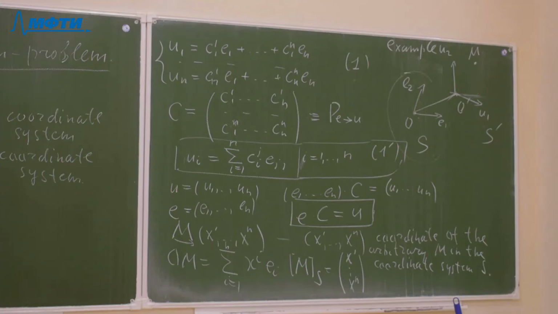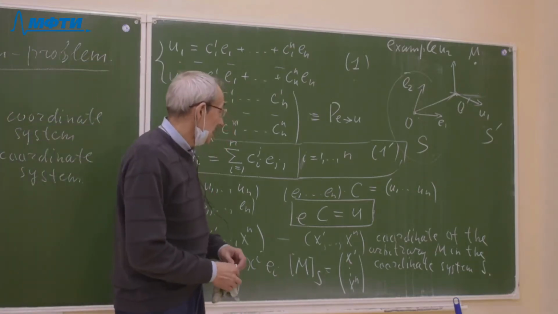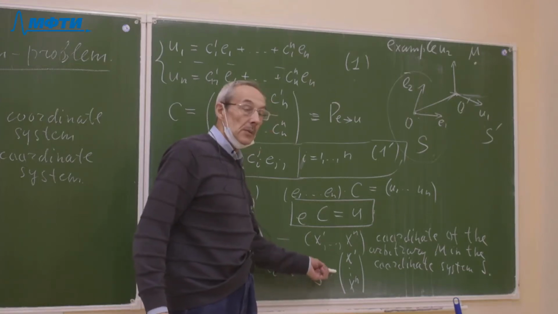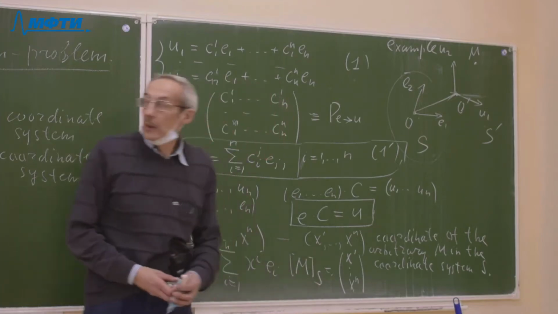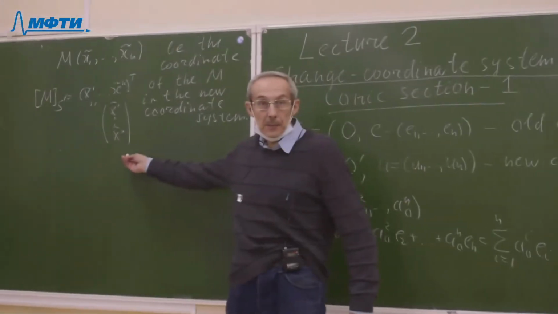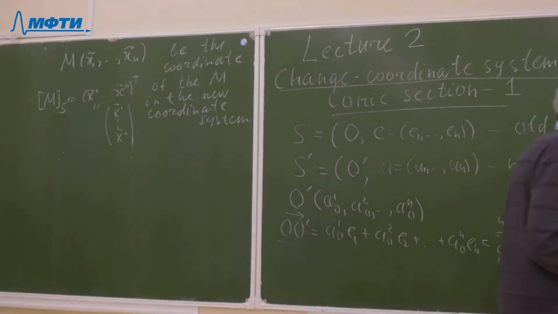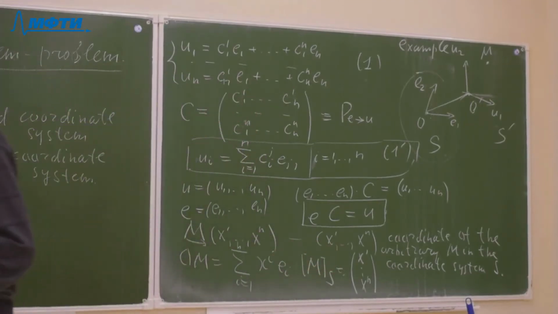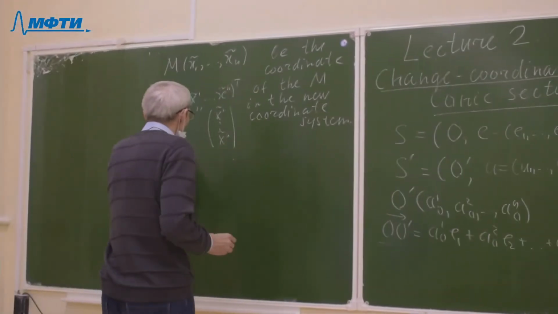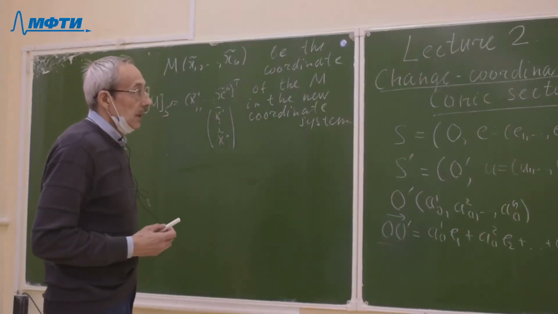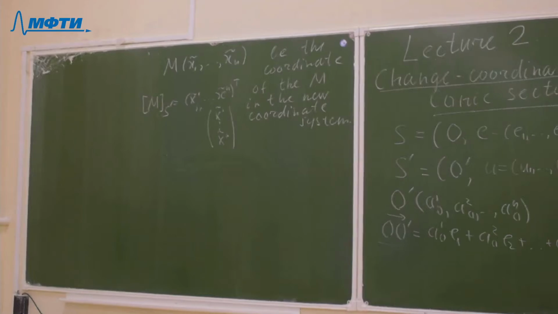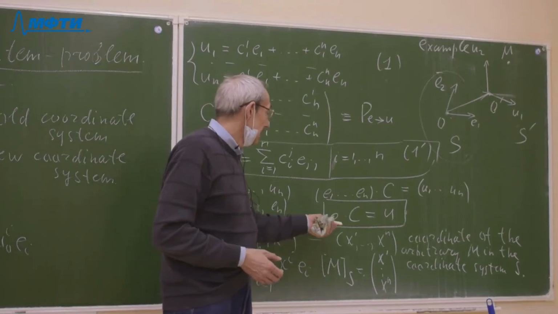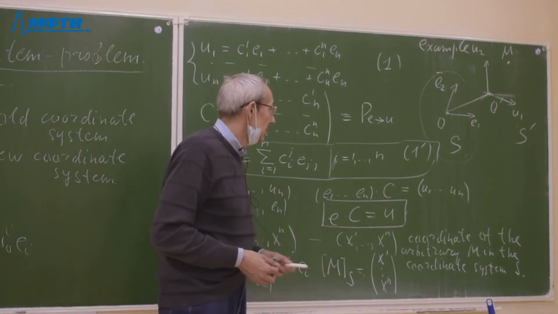Our aim is to express the coordinates of the point M in the old coordinate system in terms of the new coordinate system. Our aim is to relate these two vectors to one another. We have the same relation between the new basis and the old basis, and we can rewrite this relation in matrix form.